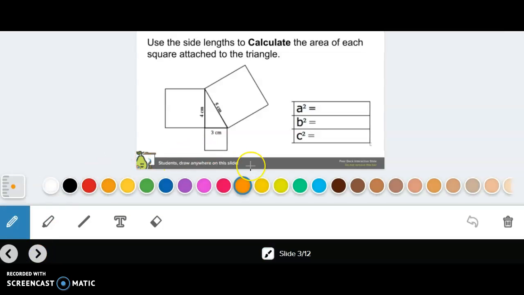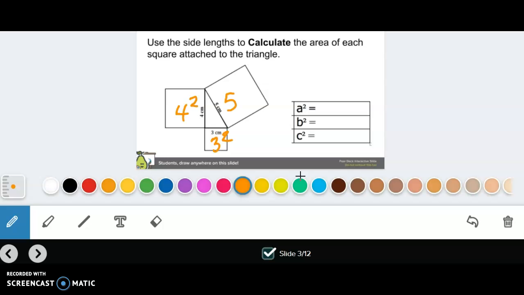Now we're going to square them. So now it's A squared, B squared, C squared. I'm going to take my 3 and square it. I'm going to take my B, which was 4, and square it.